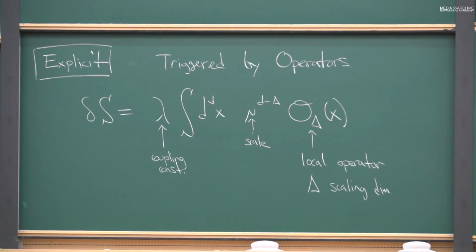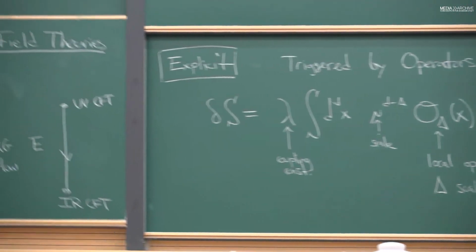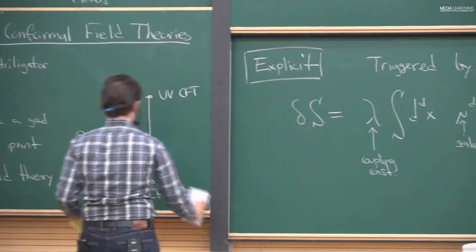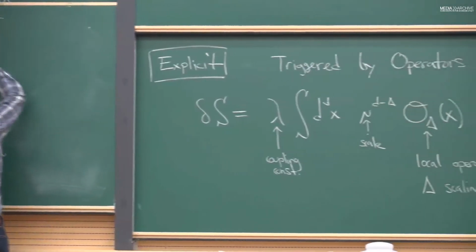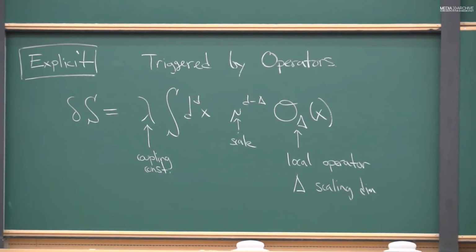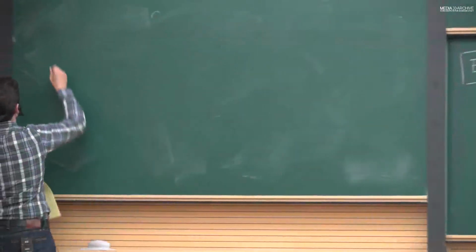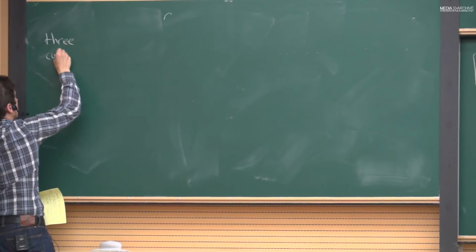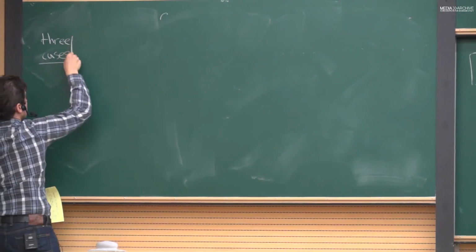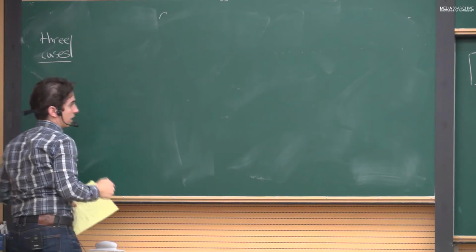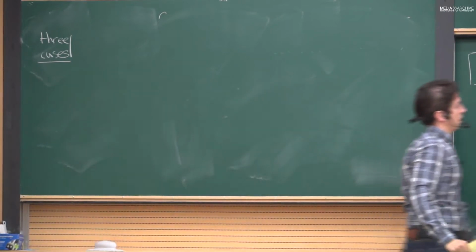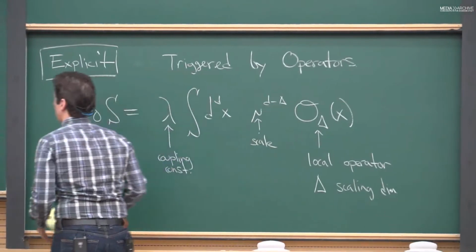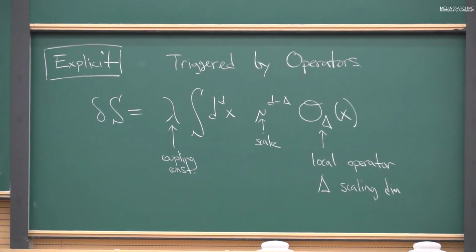So as we know, we can broadly split explicit deformations into 3 classes. The cases are determined by the sign of this exponent here. So we look under RG flows.